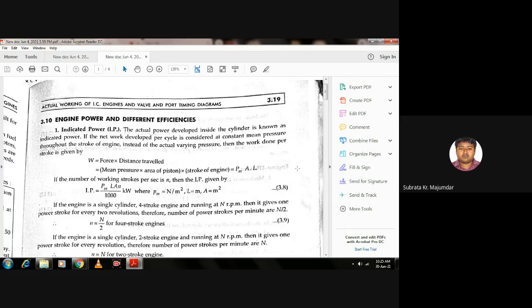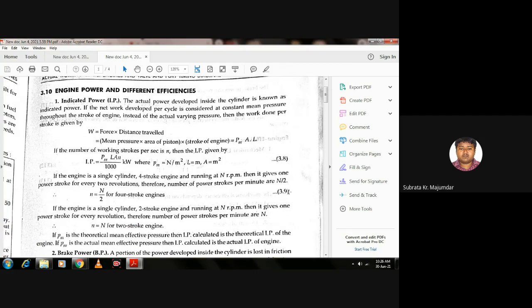L stands for the stroke length, A stands for the area of the piston, and N stands for the number of strokes. And IP is denoted in kilowatts.